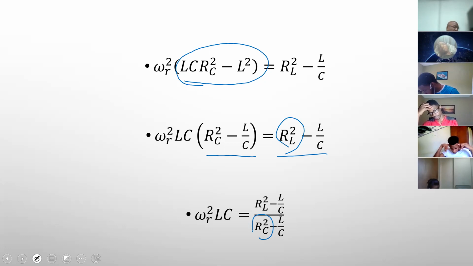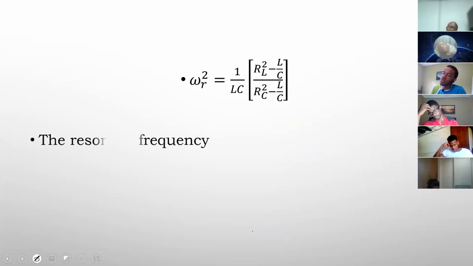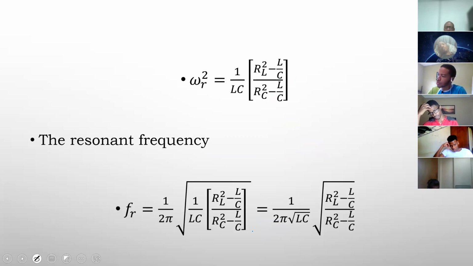Which means, therefore, that omega r is equal to 1 over LC times RL squared minus LC divided by RC squared minus LC, or FR is given by that expression. So just finding the square root, that's all.